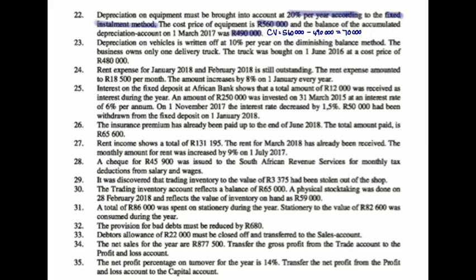Keep that in mind. Let's go and calculate the depreciation. So depreciation on the equipment, 560 times my 20% for the entire year leaves you with 112,000 depreciation for the year. But we calculated our carrying value to be 70,000.